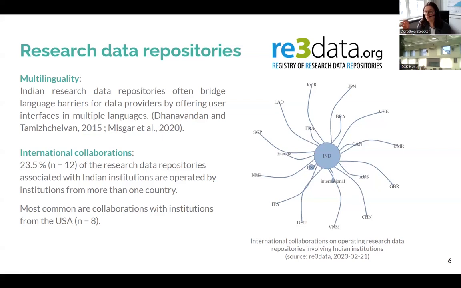You can see the Indian institutions are at the center of this graph, and then you can see countries they collaborate with. There's a large number of countries in this collaboration network. Most commonly are collaborations with institutions from the USA, but you can see a whole lot of different countries that are in this network.